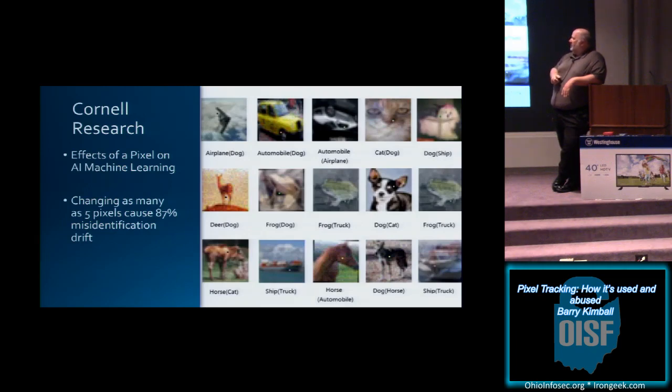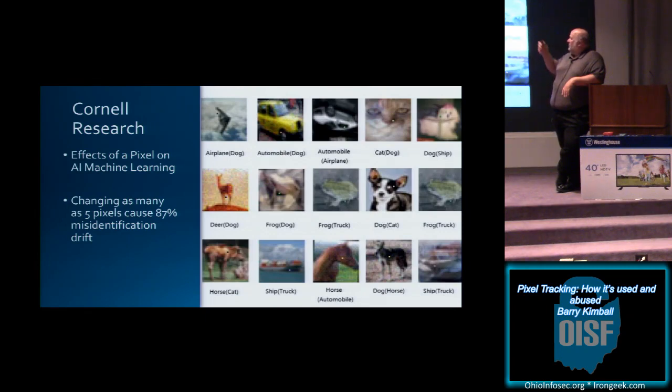So one of the things I came across in later renditions of this is some of the effects that pixels are having on artificial intelligence, because that's a big thing now. You can put a corrupt pixel in an image and it will affect the AI's ability to detect what that image is.